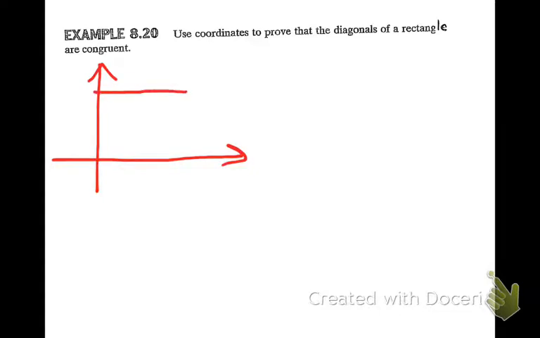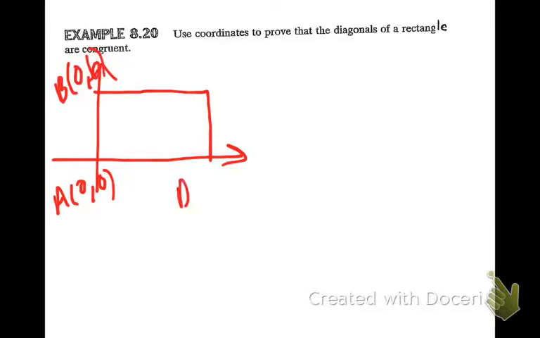Use coordinates to prove that the diagonals of a rectangle are congruent. So what you need to do is draw coordinate axes and put a rectangle on it. We'll call this point A, it's 0, 0. Point B is 0 over, B up.